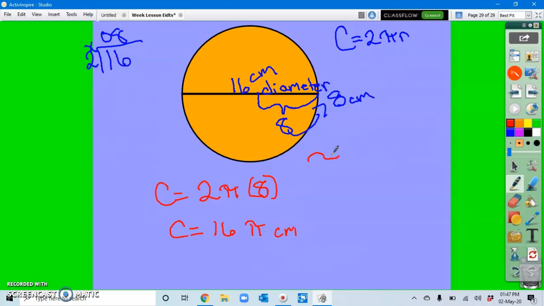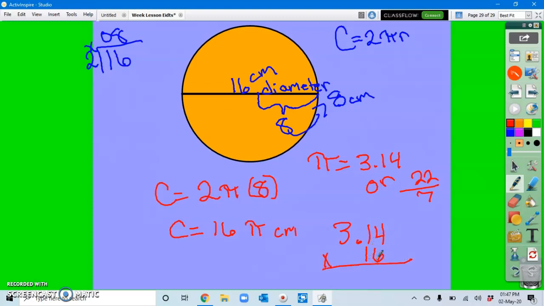And remember, for the ones who don't know, pi equals 3.14 or 22 over 7. So now we're going to multiply 3.14 times 16.